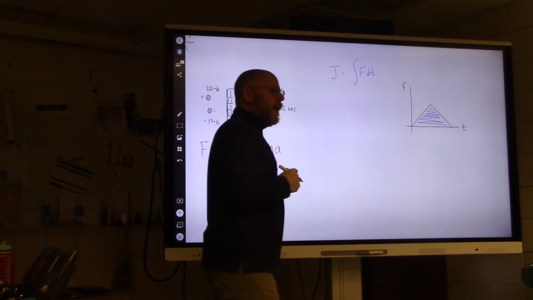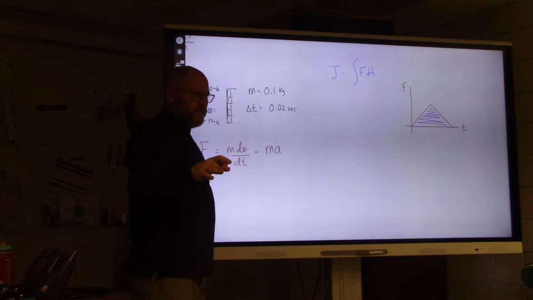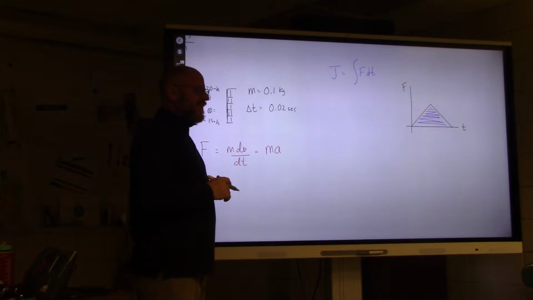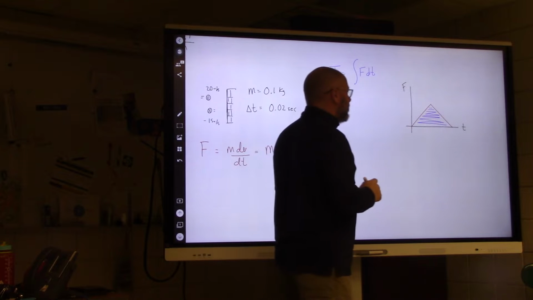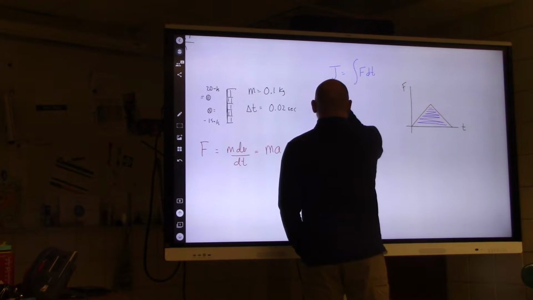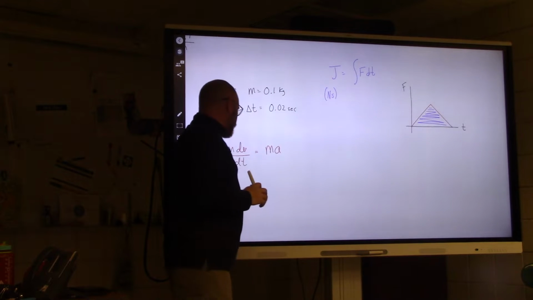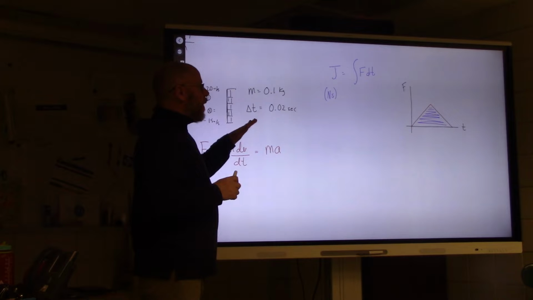So the area of this, I would hope you think, is your impulse, right? What are the units? Joules, no. It's newton-seconds. Now, what is this equal to though?